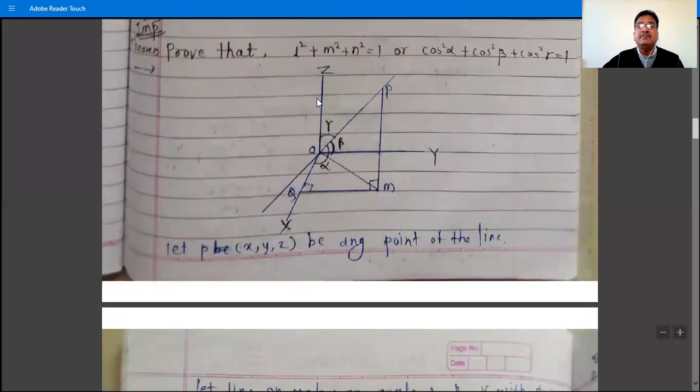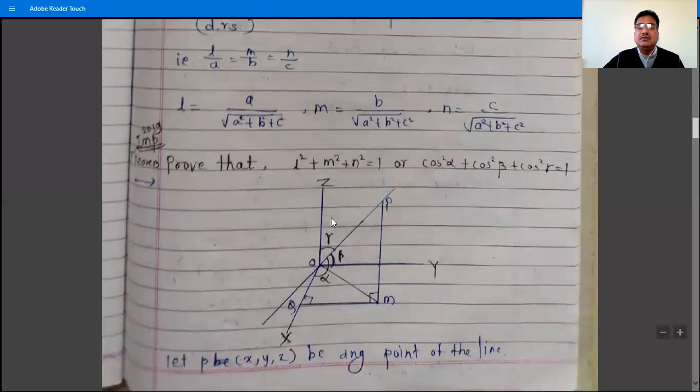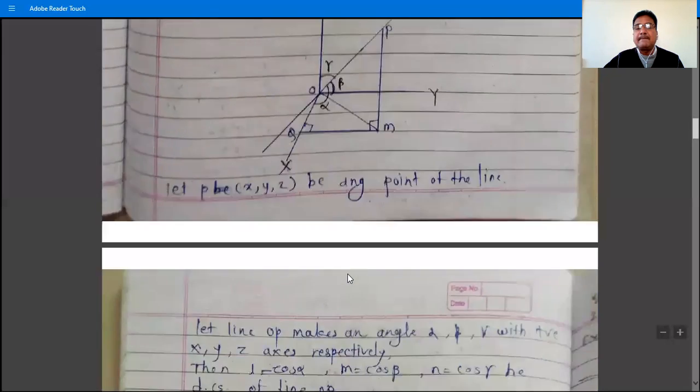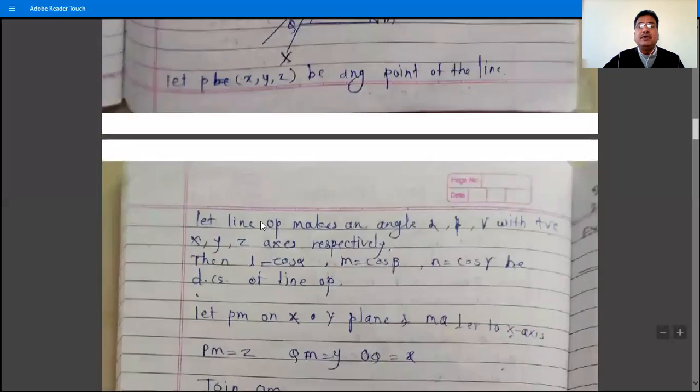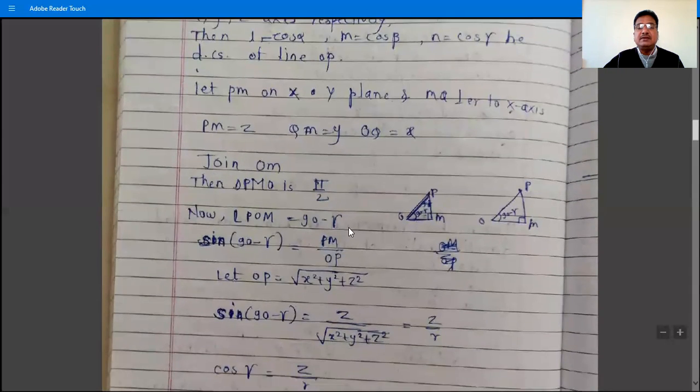PM is perpendicular to OM. That is, OZ is perpendicular to the line OM, and this angle is gamma, which means this angle is 90 minus gamma. So angle POM is 90 minus gamma.